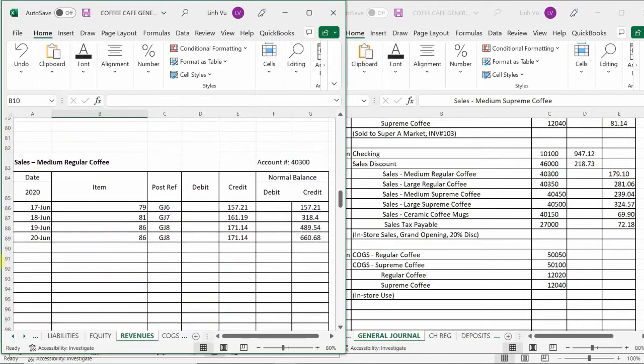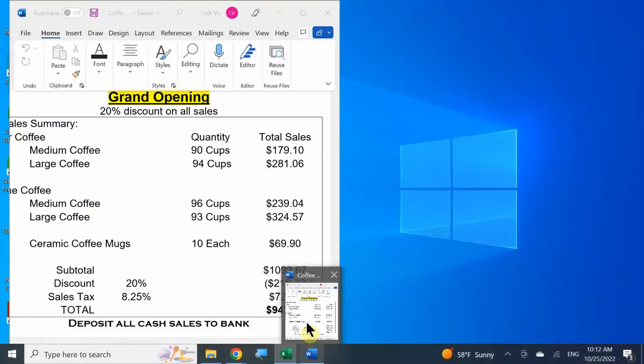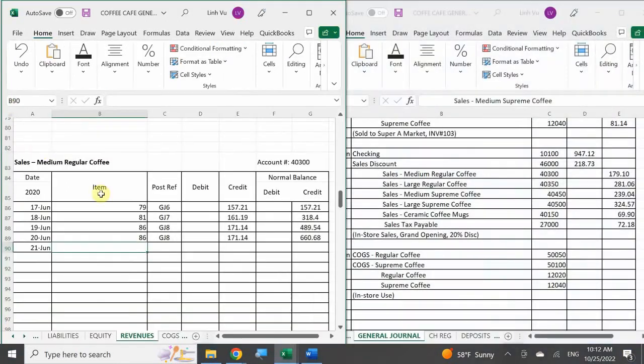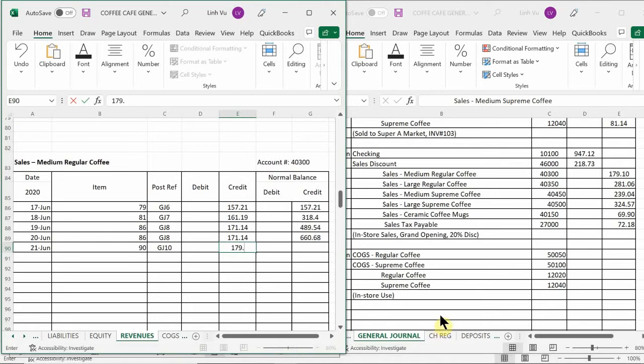Okay, medium regular. How many cups did I sell? Medium regular was 90 cups, $179.10. Okay.